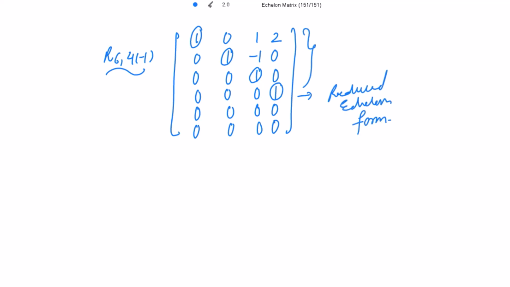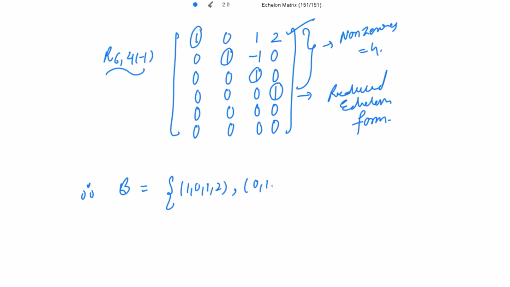And the number of non-zero rows is 4. And from these rows we write the bases of R4, right? Okay, so therefore, the bases are, from the first row, 1, 0, 1, 2. From the second row we have 0, 1, -1, 0. These two are also the bases of the subspace W. Please remember, these bases should remain as they are, right?